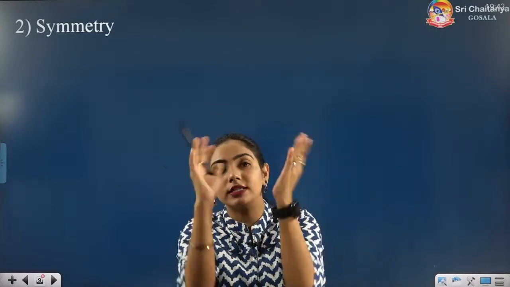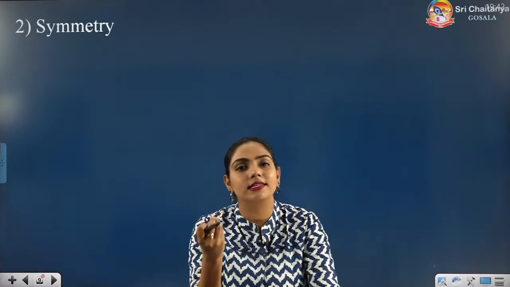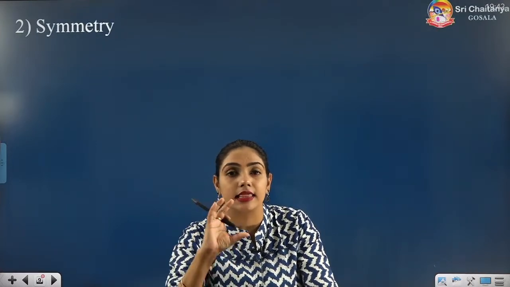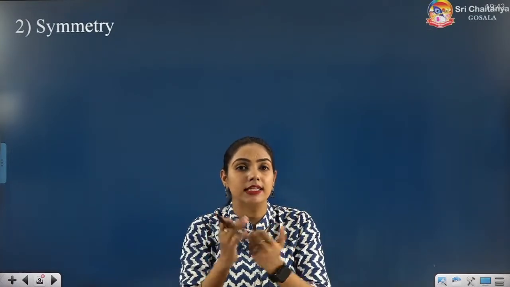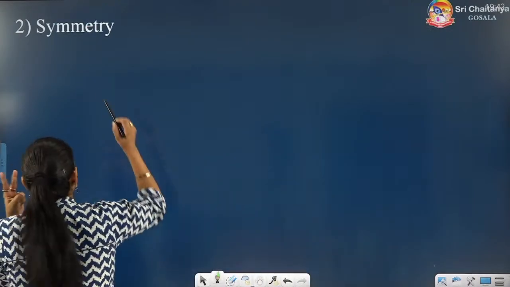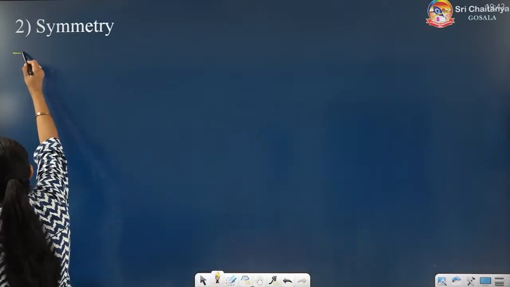If we talk about the symmetry of the body, what exactly is symmetry? Symmetry means how the body is organized in space, how the body looks in three dimensions. We can explain symmetry by using two terms: one term is plane and another term is axis.